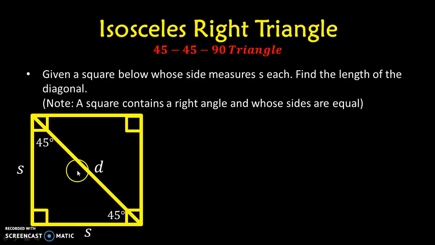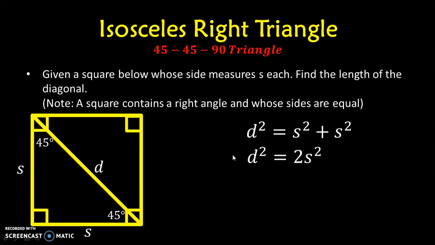Let's say this diagonal is D. So by the Pythagorean theorem again, we have d squared equals s squared plus s squared. So the diagonal is equal to s square root of 2.